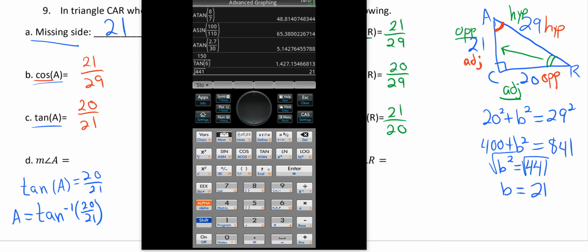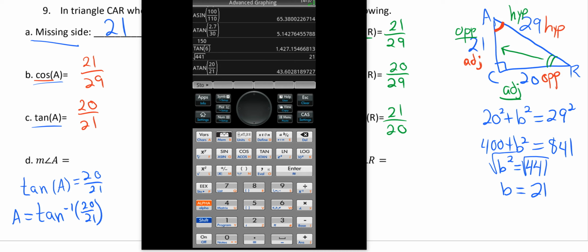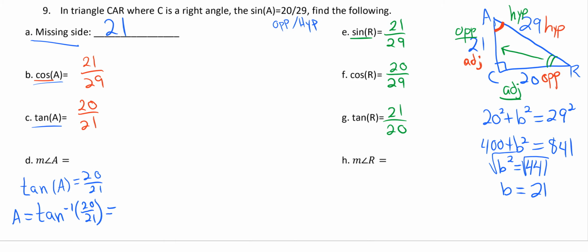a calculator problem. So we just got to put that in our calculator. So for inverse, remember you press second, then the tangent button of 20 divided by 21. Hit enter. And we get 43.603. And since it doesn't specify where to round, we're going to round to the thousandths place, so the third decimal. So we're going to say 43.603 degrees.